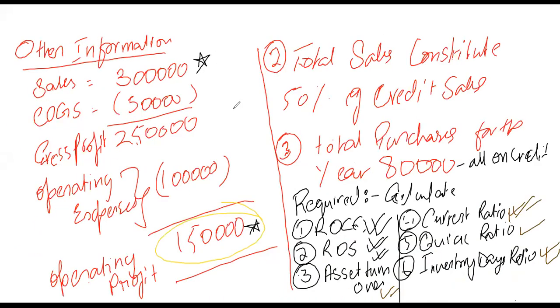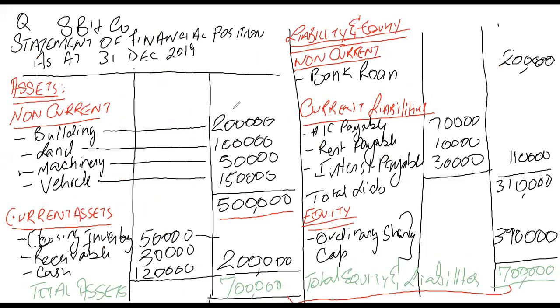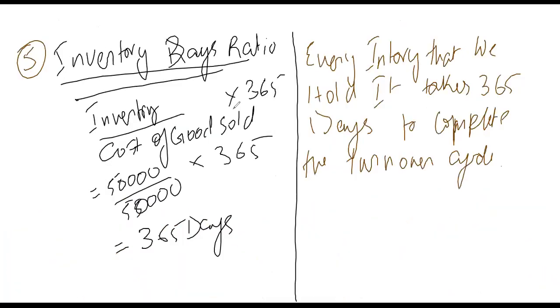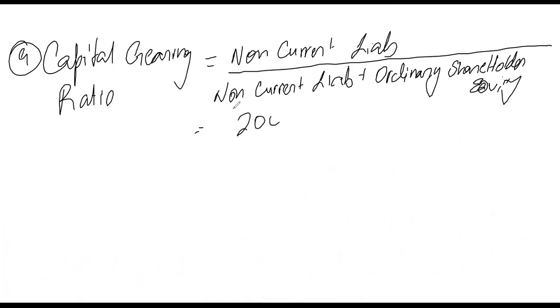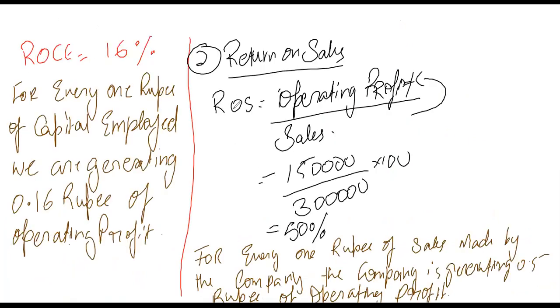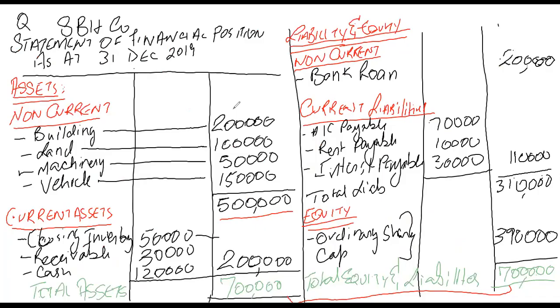The amount of non-current liability is 200,000 of bank loan that we had taken, according to the financial position of this company. So 200,000 divided by 200,000 plus ordinary shareholders' equity. I guess the ordinary shareholders' equity amount was 3,90,000.